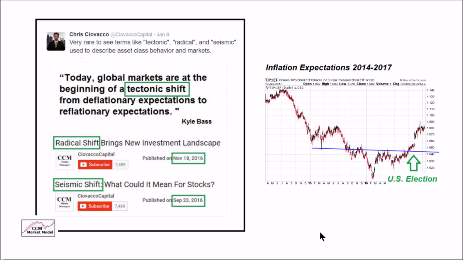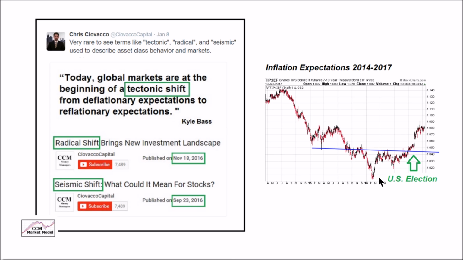Do we have any hard evidence in hand to back up that type of quote? The answer is yes. We can use TIPS, or Treasury Inflation Protected Securities, relative to standard Treasuries, IEF, as one way to monitor inflation expectations. This is your deflationary look here with the slope of this ratio falling.